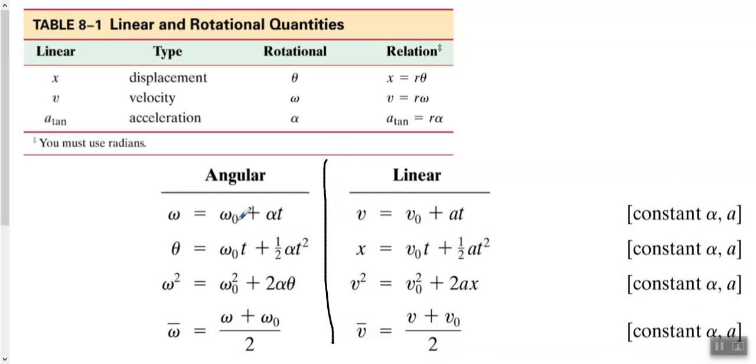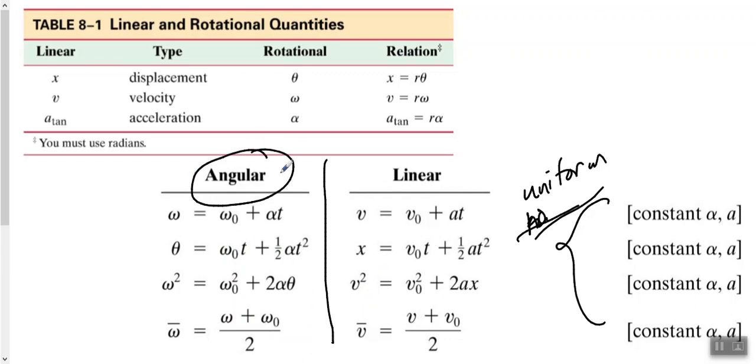These are all analogous, right? As long as the acceleration is held constant, so uniform acceleration, all you're going to do is replace the symbol and plug in the appropriate quantity that we use for angular acceleration.